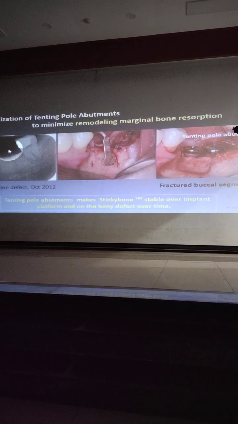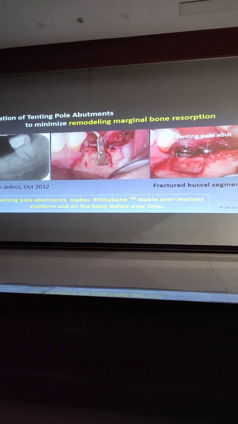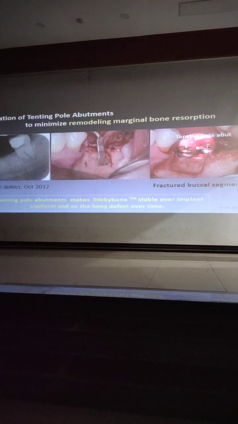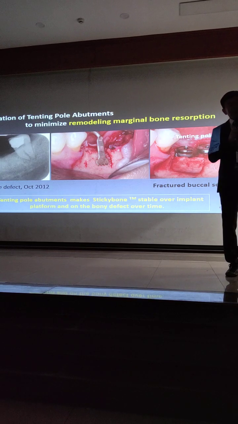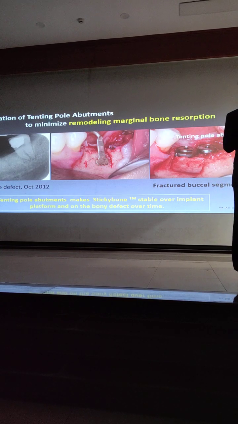This case shows the vertical deficiency and the horizontal deficiency. So I did the ridge split technique in this case. After placing the implant, the buccal plate was fractured. How do you stabilize the fractured buccal plate after placing the implant?